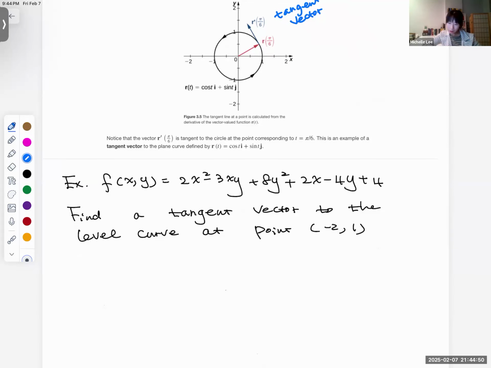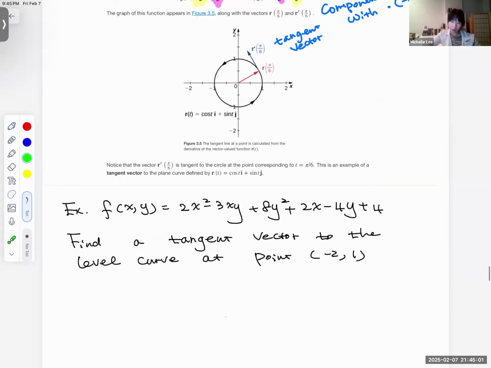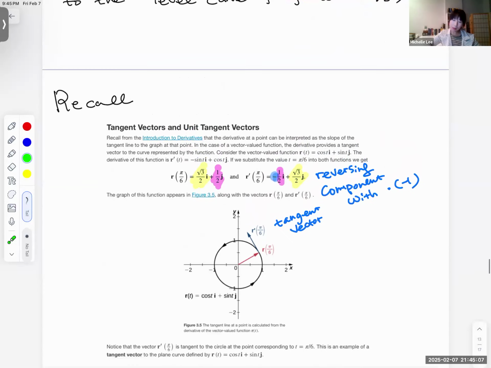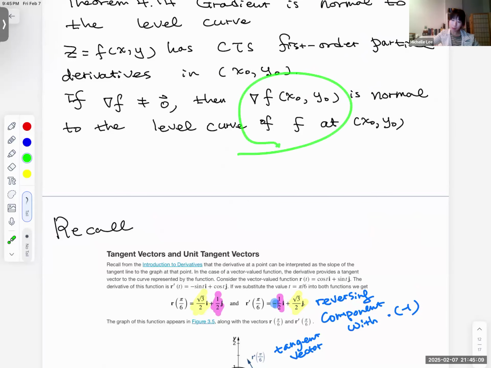Now we want to find the tangent vector to the level curve at the point (-2, 1). The tangent vector is normal to the gradient, right? So basically we want to find the gradient, because this is normal to the level curve, yeah?